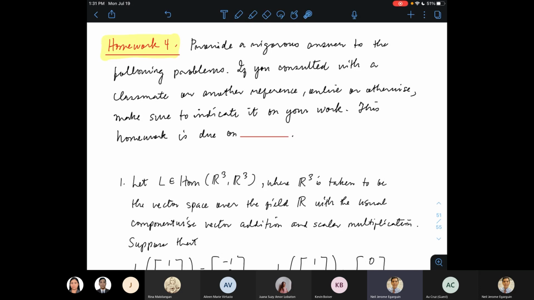And we ended up with a nice result called the rank nullity theorem, which tells us that the dimension of the domain is equal to the sum of the nullity and the rank of a linear transformation. Okay, but we have noted that computing the nullity and the rank are very tedious, especially if you will consider very crazy linear transformations.